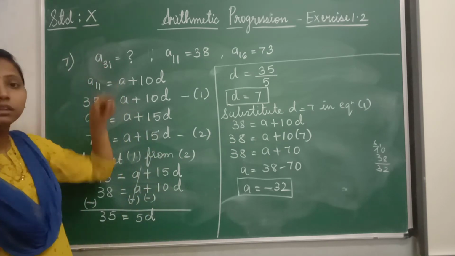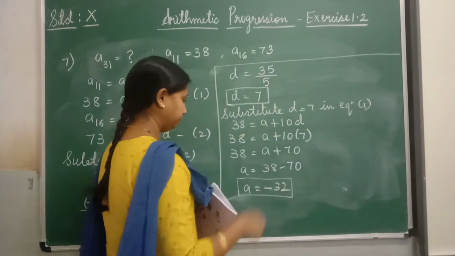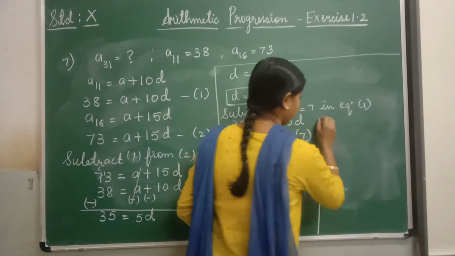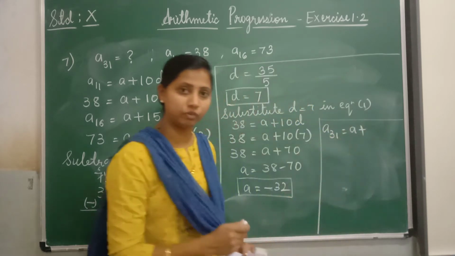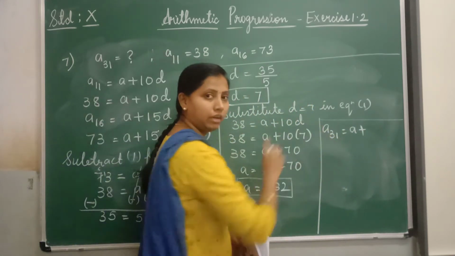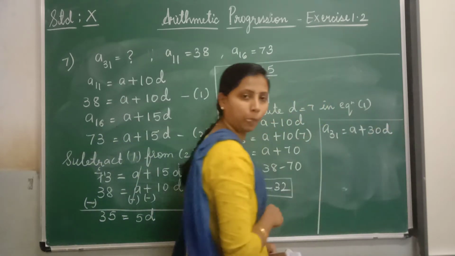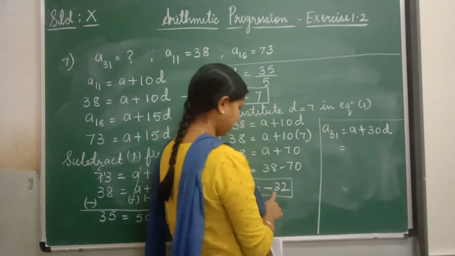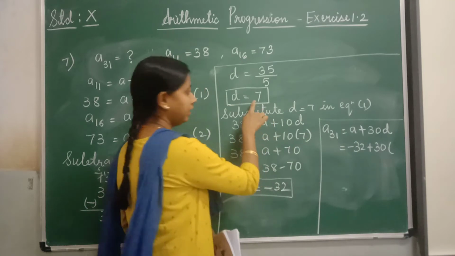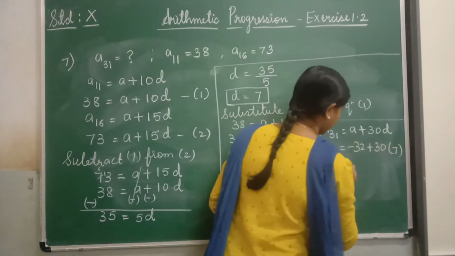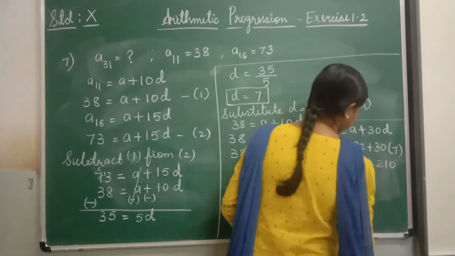Now you can find the 31st term. How to find the 31st term of the AP, children? One less than 31: A plus 30D. So A31 is minus 32 plus 30 into D. D is 7, so it is minus 32 plus 30 into 7, which is 210.